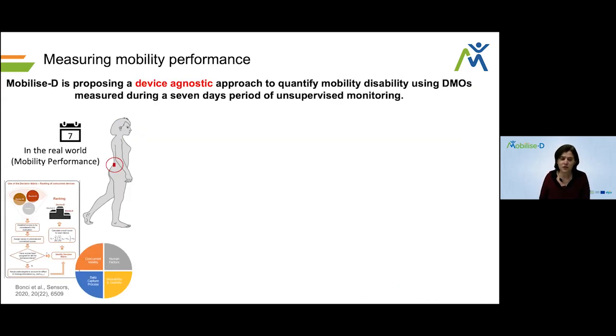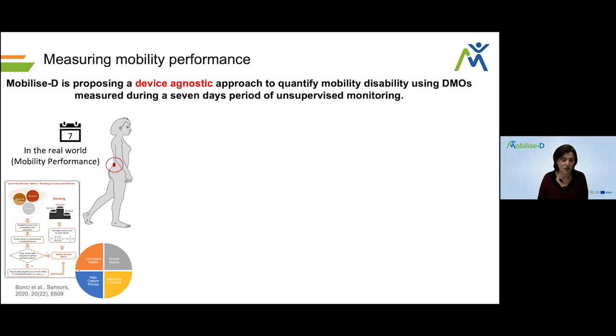The way we decided to approach the problem of quantifying and measuring mobility performance is that of using a device that can measure data for 7 days in the real world. We are developing an approach that we will see today how we're aiming at this, that wants to be device agnostic.